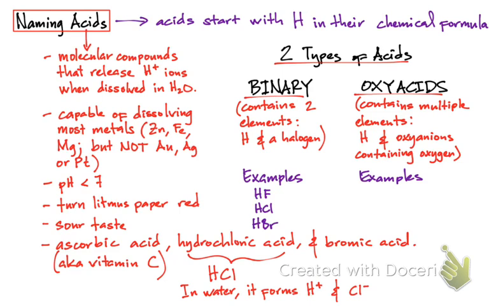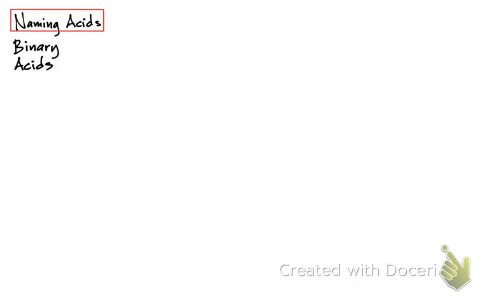For oxyacids, you have polyatomic ions that are bonded with a hydrogen element. So you have HNO3, HClO3, HBrO4, and so on and so forth.